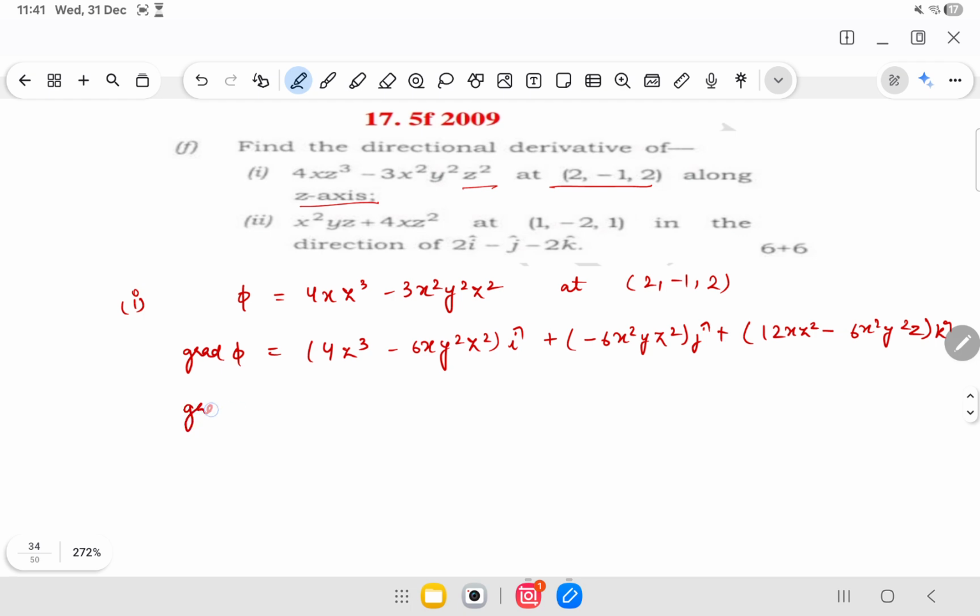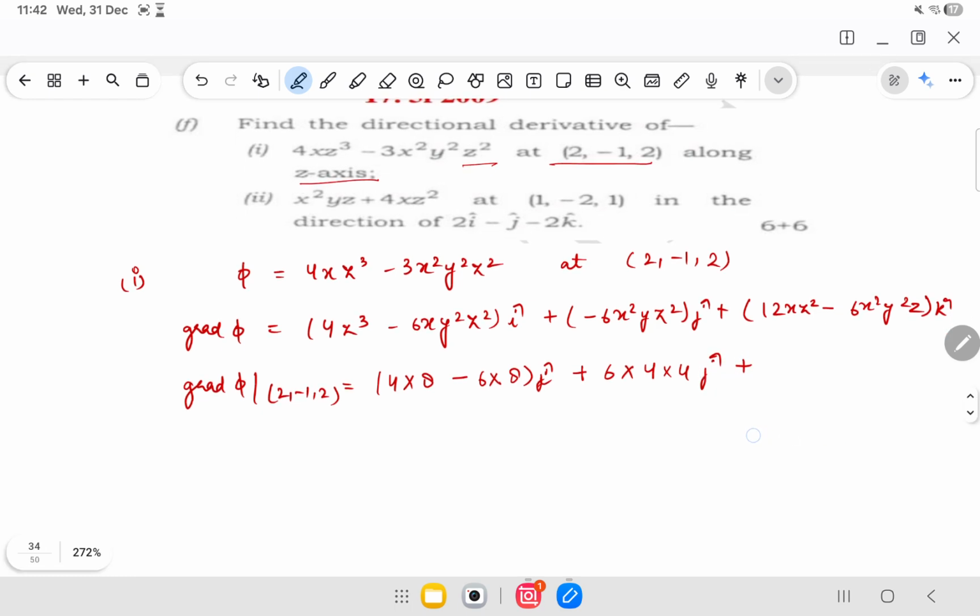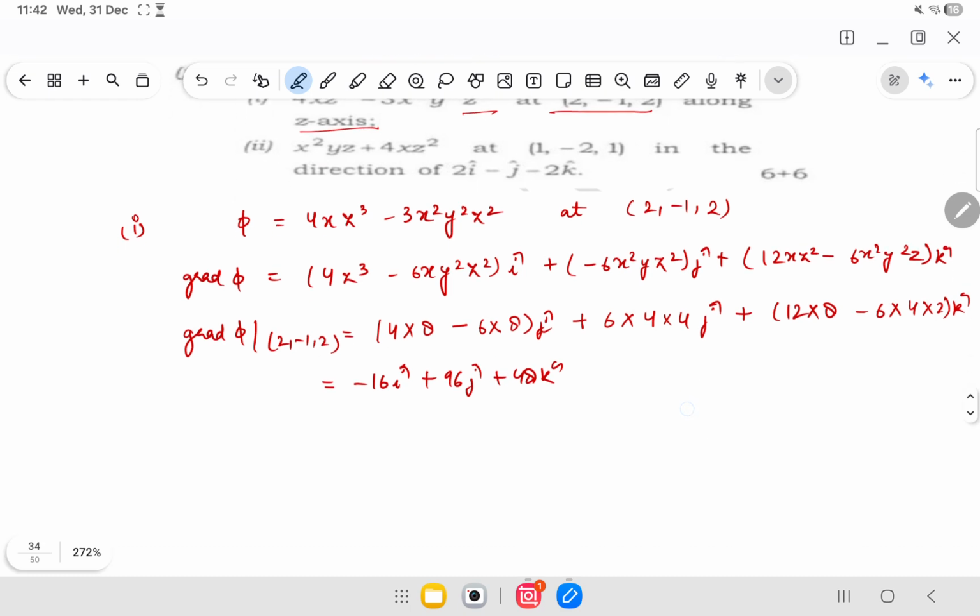So grad phi at 2, minus 1, 2 will be basically equal to (4 times 8 minus 6 times 8) I cap minus 6 times 4 times minus 1, that makes it plus, times 4 j cap plus (12 times 8 minus 6 times 4 times 2) k cap, which simplifies to minus 16 I cap plus 96 j cap plus 48 k cap, and we are supposed to evaluate the directional derivative along the z-axis.